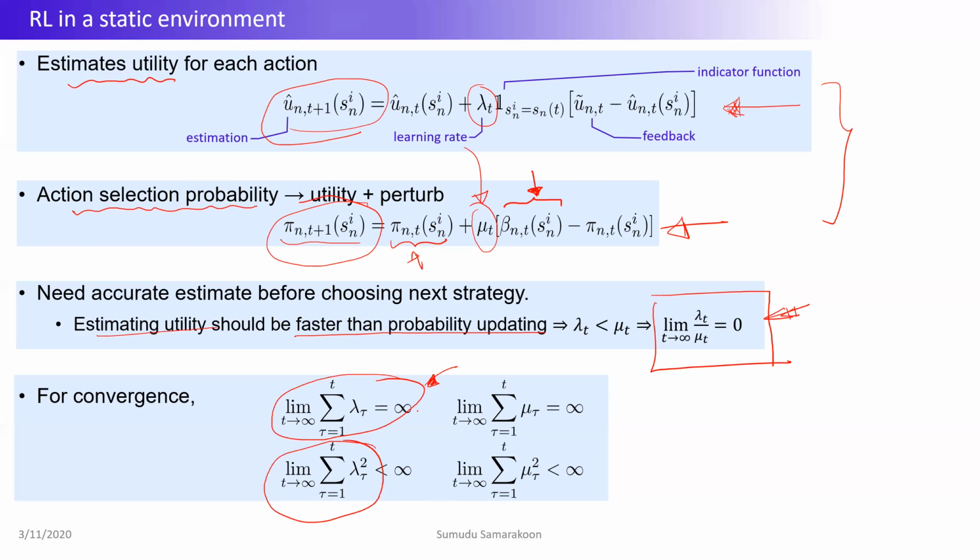So this needs to be satisfied by both lambda and mu, while satisfying this condition for faster. This condition is to ensure that utility estimation is faster than the probability update.